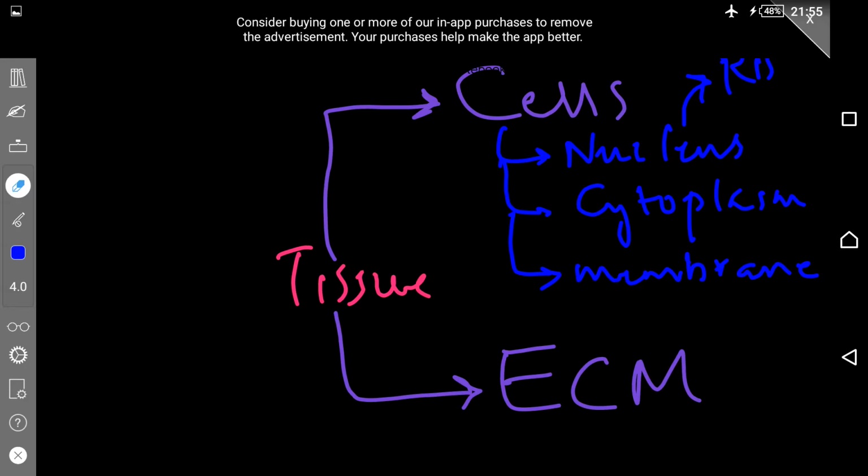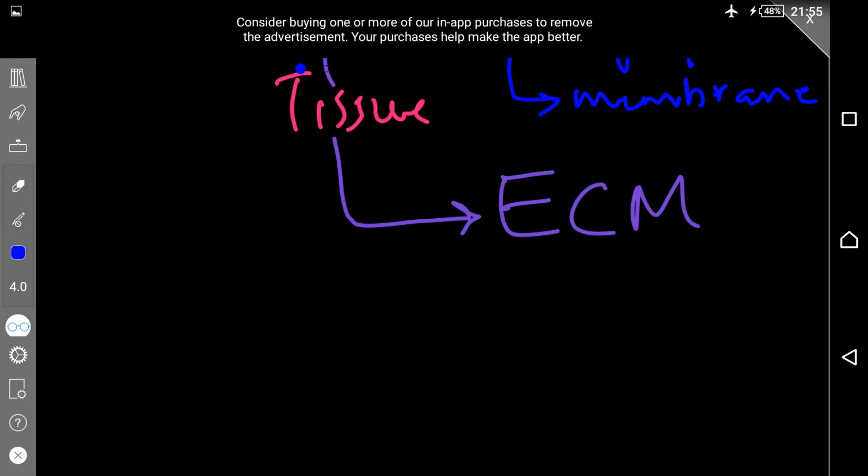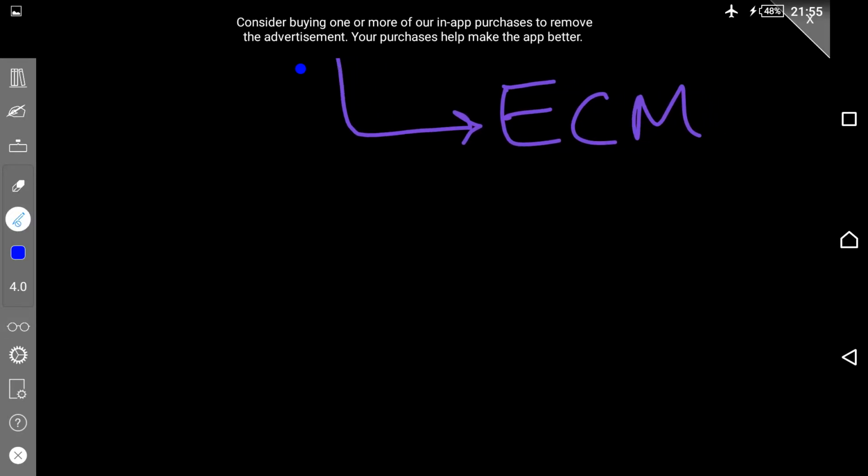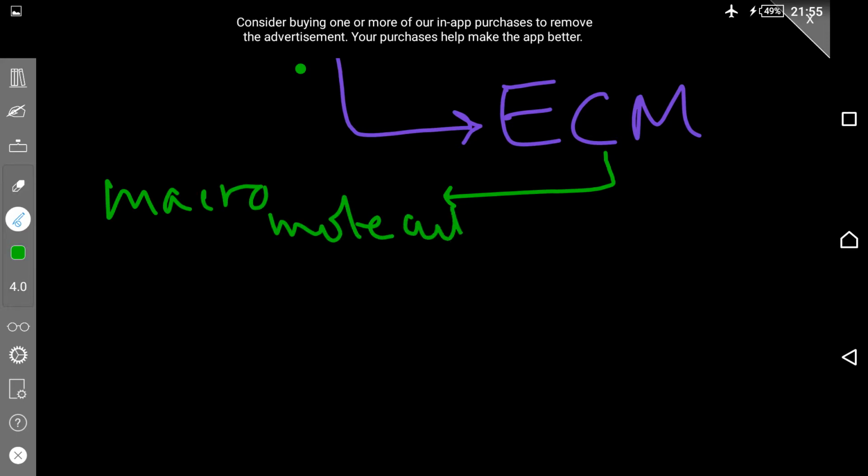Extracellular matrix. Like the cells of the body, the extracellular matrix also is composed of other parts. Those parts that make up the extracellular matrix are the macromolecules. Macromolecules literally mean big molecules.